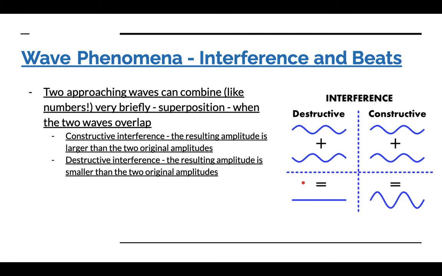You're going to get an amplitude that's smaller than your original wave, which in the worst case scenario can be a total cancellation. It doesn't have to be a total cancellation. It can be a wave that's simply smaller than the two individual waves. And because it's like we're destroying our wave, we call this destructive interference.